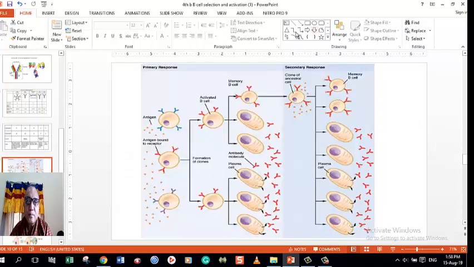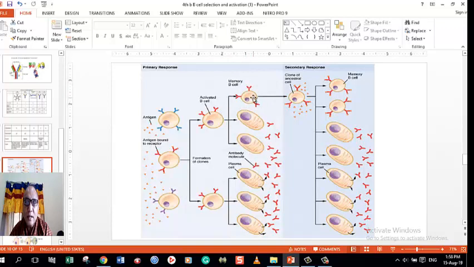Let's continue. In the primary encounter, when the antigens attack, the antigen presenting cells, or the B cells, let's say here the B cell is an antigen presenting cell, the B cell recognizes the antigen, gets activated, and produces memory cells.